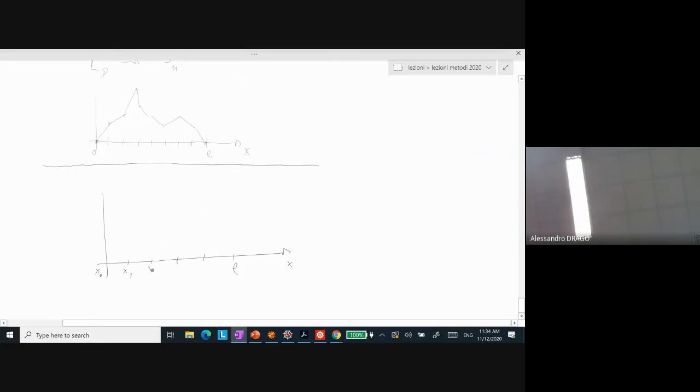This is x1, x2, x3, x4, and this coincides with x5. I have taken n equal to 5, meaning that I have 5 subintervals. So how many functions do I need? I need this function. So I need 4 functions.